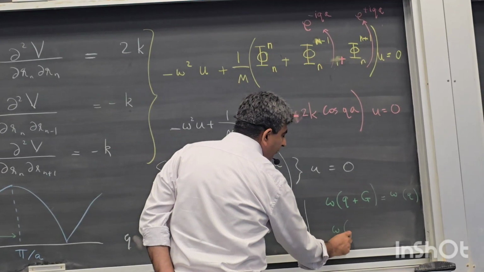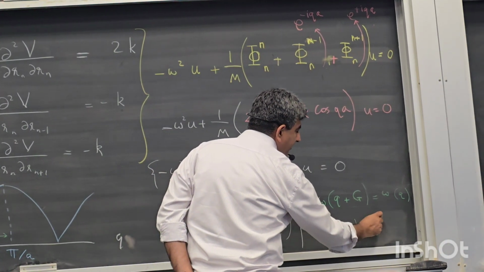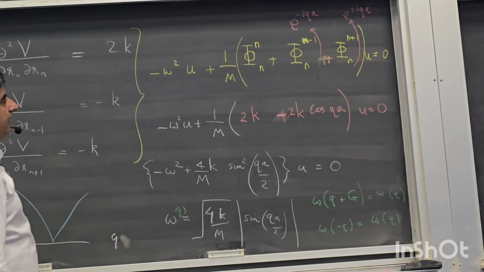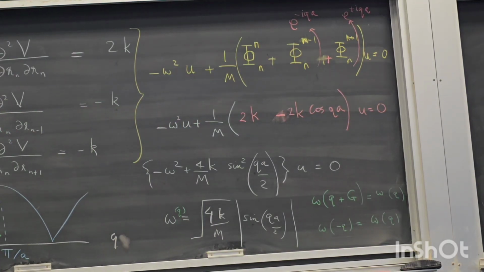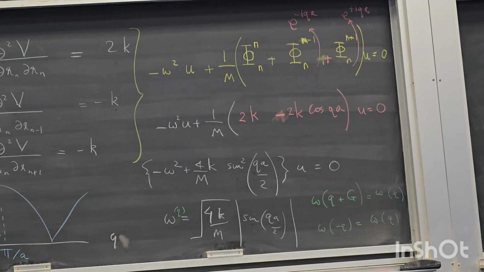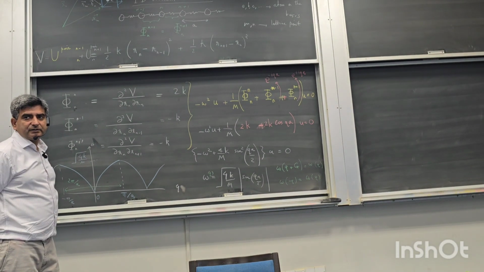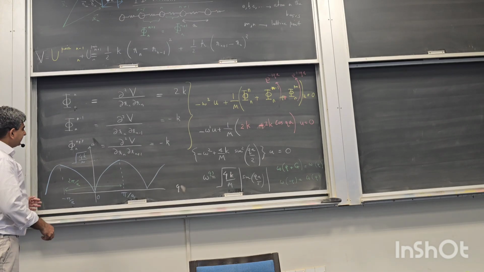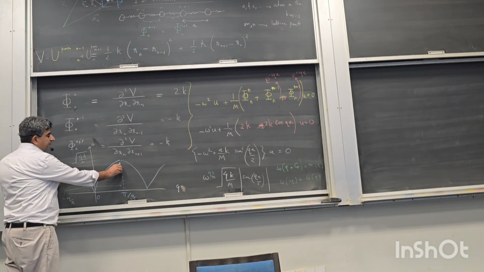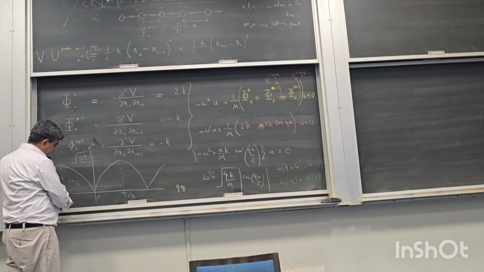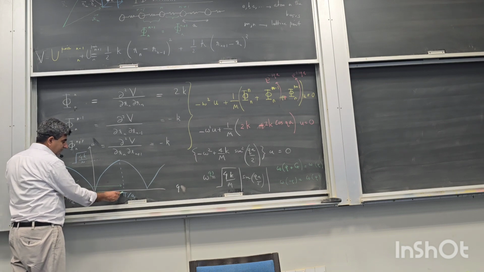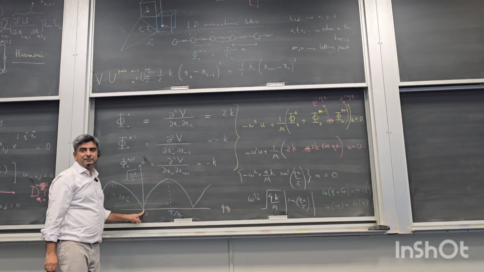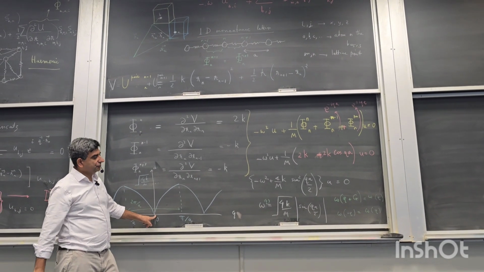And it's also an even function with respect to Q. And that's because the equation of motion obeys time reversal symmetry. Alright, so it's sufficient to just show this dispersion relationship in the region between minus pi over a to pi over a. In fact, just between 0 and pi over a, because of these two properties.